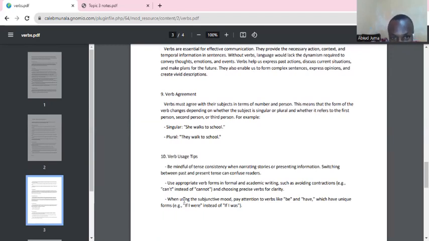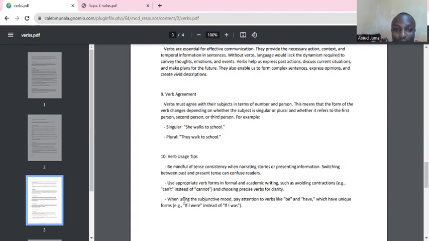Under verb agreement, verbs must agree with their subject in terms of number and person. This means that the form of the verb changes depending on whether the subject is singular or plural and whether it refers to the first, second, or third person. For example, singular: she walks to school.